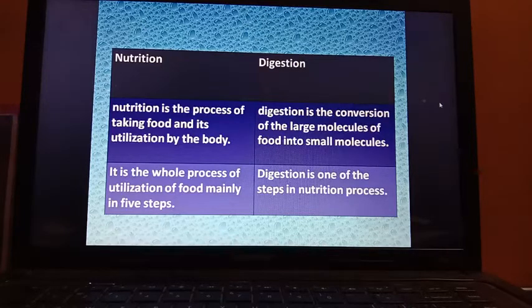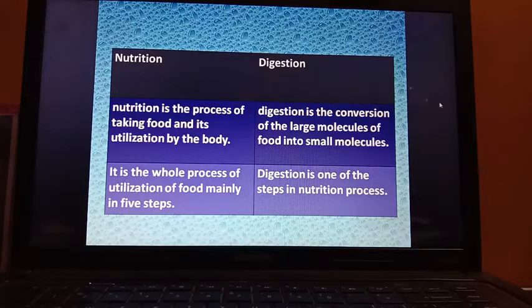Number 4, absorption of food takes place in small intestine. Number 5, molars are meant for grinding. Number 6, the chemicals that help in digesting food are called enzymes. Number 7, excess of glucose is converted into glycogen and stored in liver. Number 8, villi are present in small intestine.